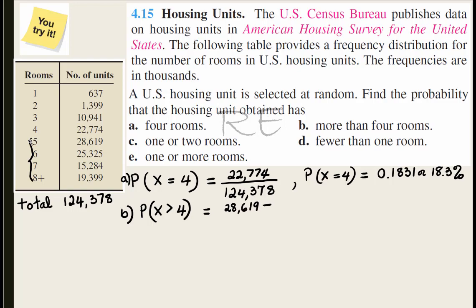Therefore, X strictly greater than 4 will be the sum of these units: 22,619, 25,325, 15,284, and 19,399 divided by the total, and the total of course stays 124,378.